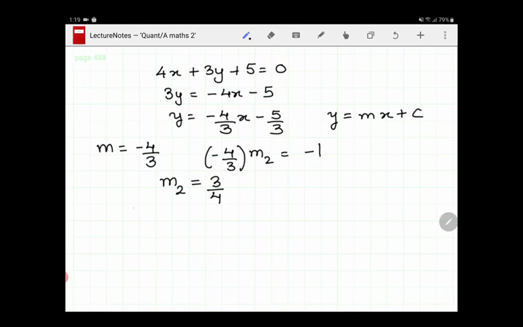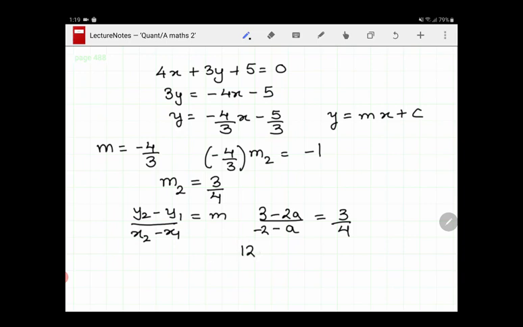So I can say that (y2 minus y1) upon (x2 minus x1) is equal to the slope of the line. And once you solve this, you will get the value of a.